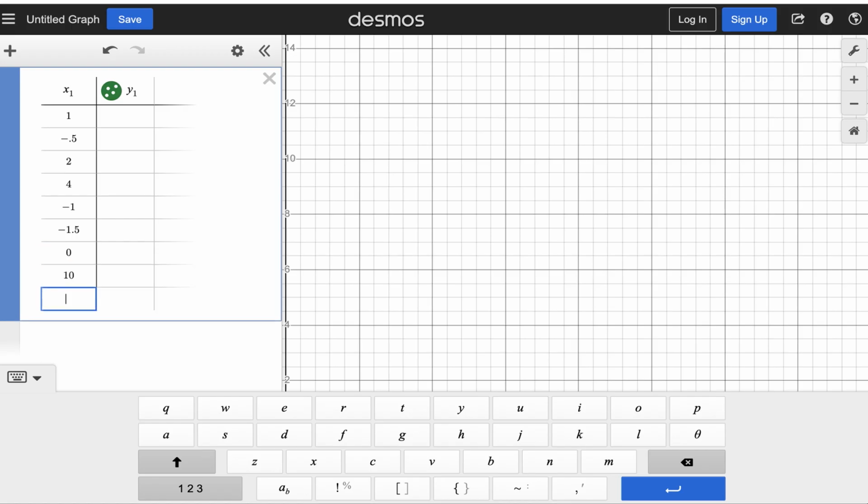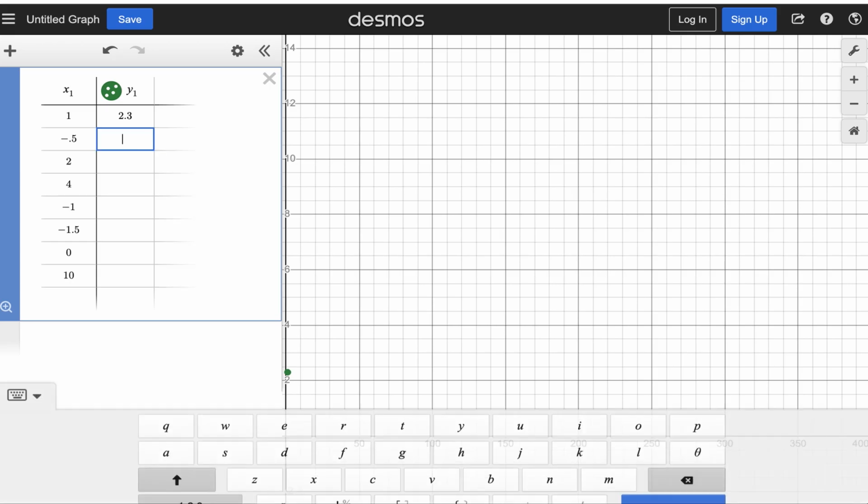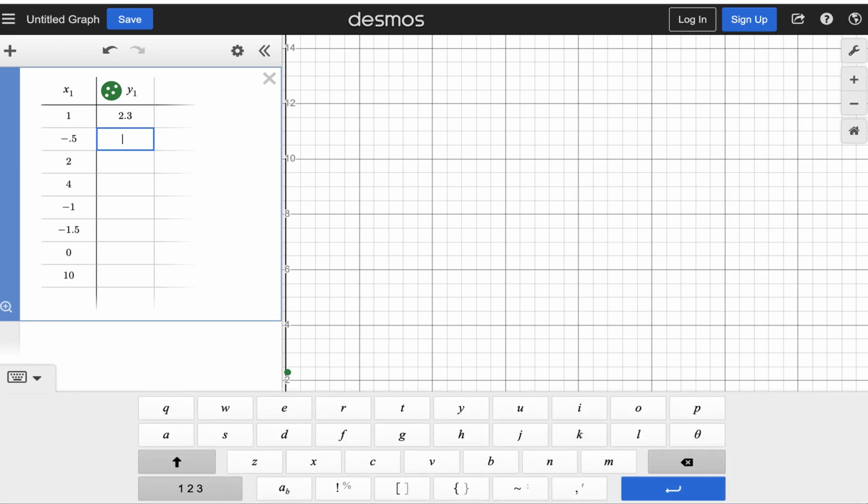And the y values were 2.3, 3.7, 2, 1.7, 5, 9, 3, 1.3.